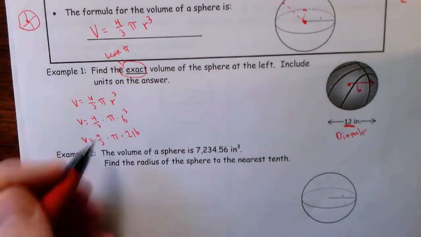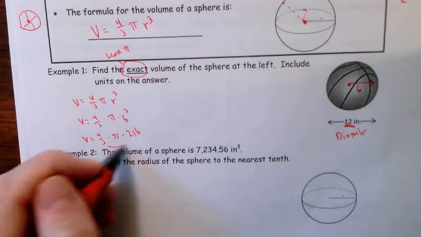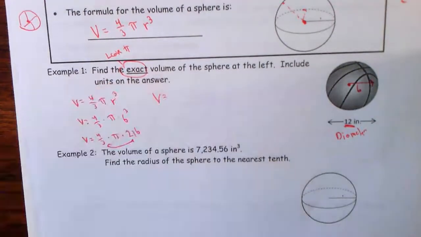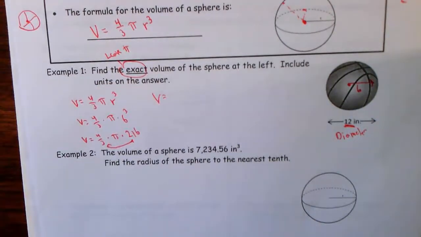And all I have left to do then is multiply the 2 numbers together, the 4/3 and the 216. If your calculator does fractions, fine, type in 4/3 times 216. A way to do it without the fraction is to multiply by 4, then divide by 3. That'd be the same thing.